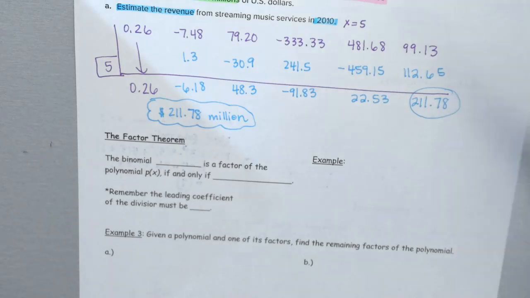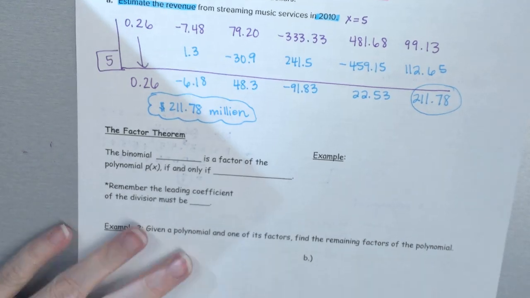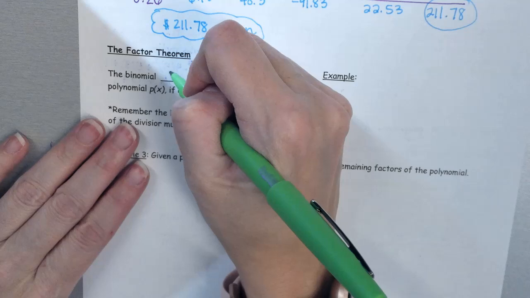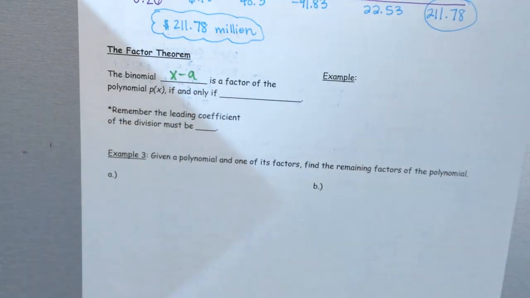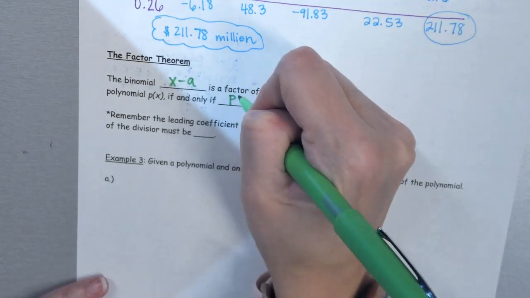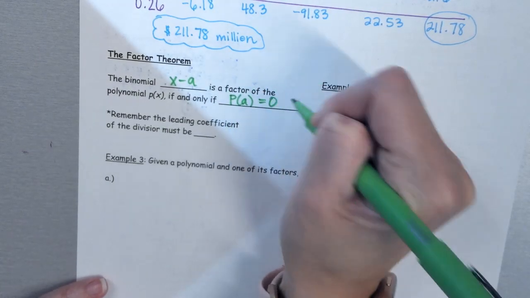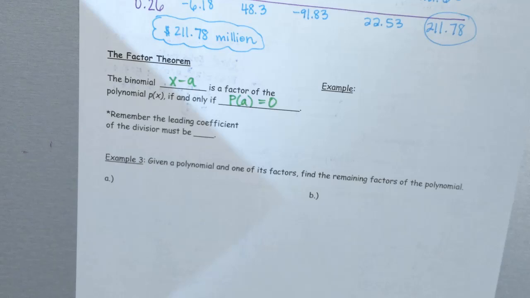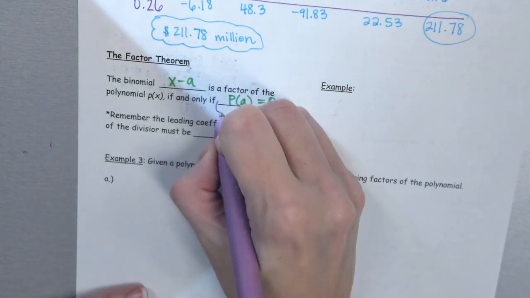All right, now we're going to apply this factor theorem, which tells us that the binomial of x minus a is a factor of the polynomial p of x if and only if p of a equals 0. So when they say that p of a equals 0, they're talking about the remainder.